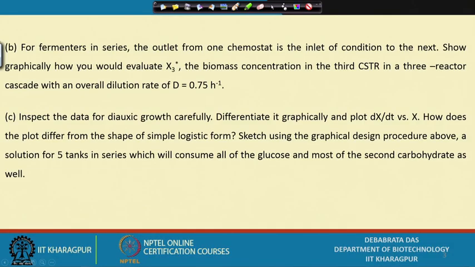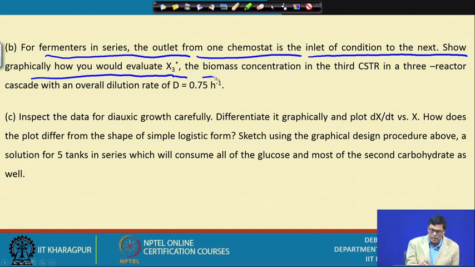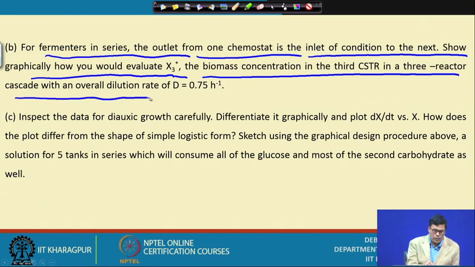The other portion of the problem is that for fermenters in series, the outlet from one chemostat is the inlet condition for the next. Graphically, how would you evaluate x3 star, the biomass concentration of the third CSTR in a 3 reactor cascade with an overall dilution rate of 0.75?